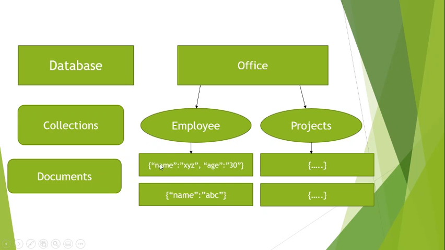So here name XYZ and age 30, these key value pairs, this whole thing is a document inside the employee collection. As you can see, the second document inside the employee collection doesn't have that age field.